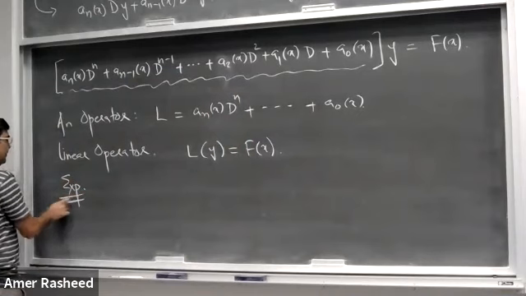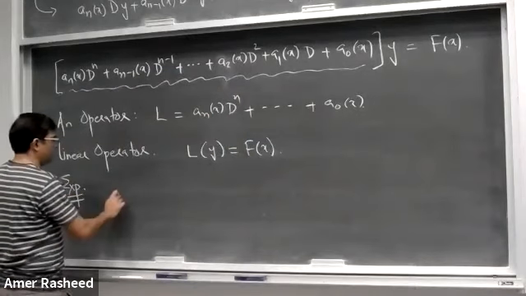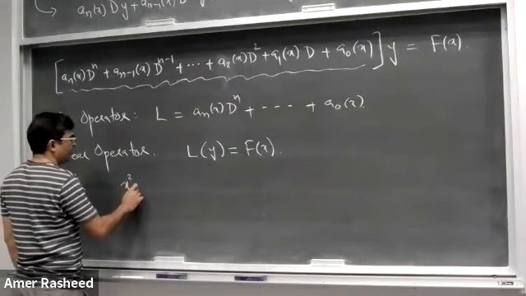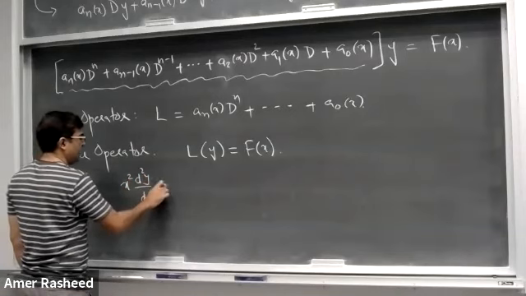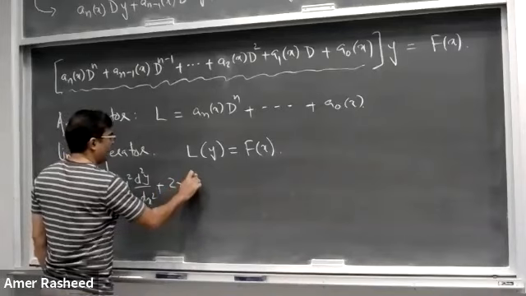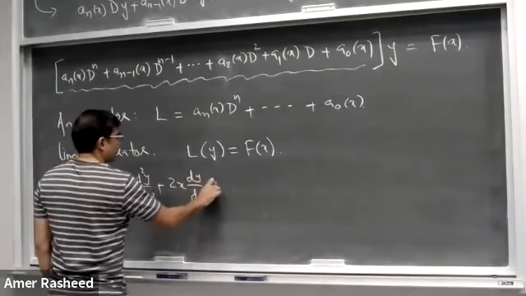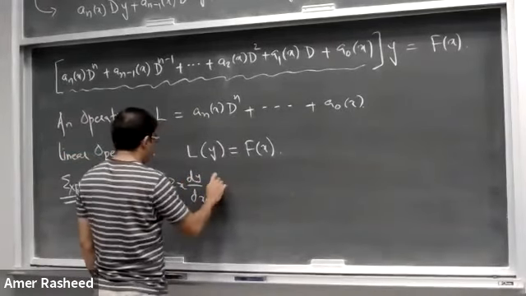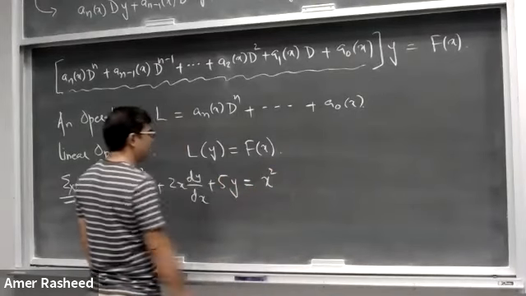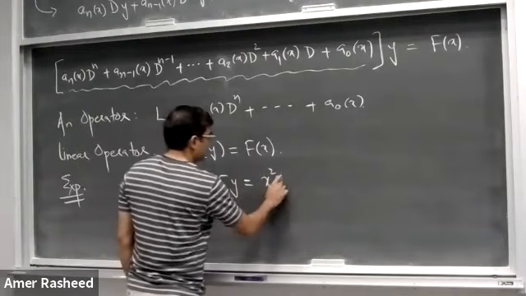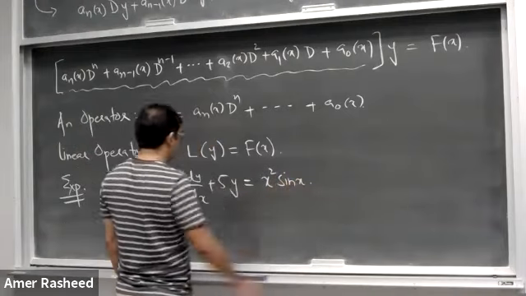An example of this may be x square d square y by dx square plus 2x dy by dx plus 5y is equal to maybe x square sine x.